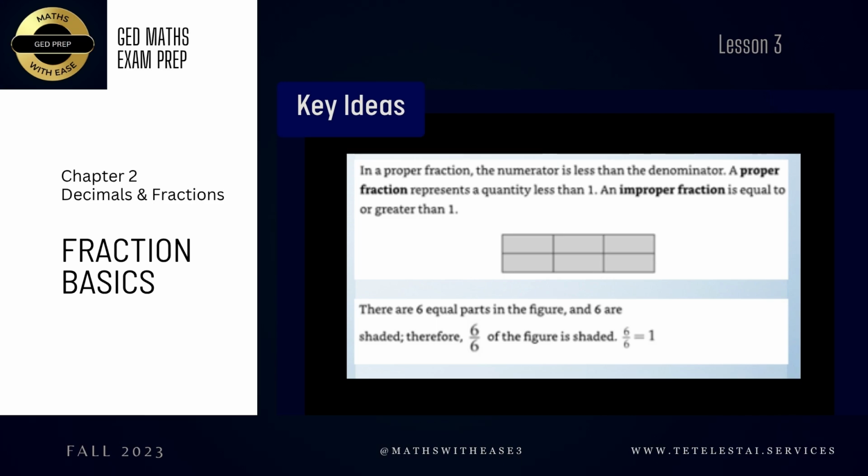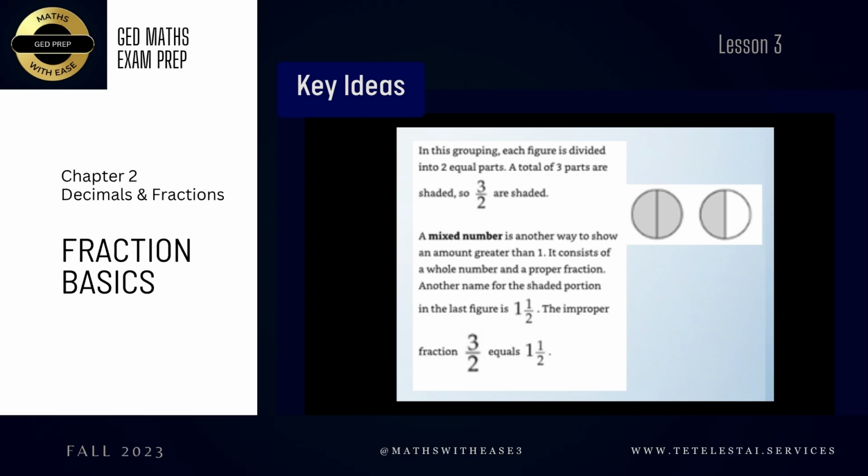For the pair of circles that are shown, each circle is divided into 2 equal parts. And so we can say that a total of 3 parts are shaded, or 3 over 2. The 2 here represents each individual circle, and the 3 represents the number of shaded parts.